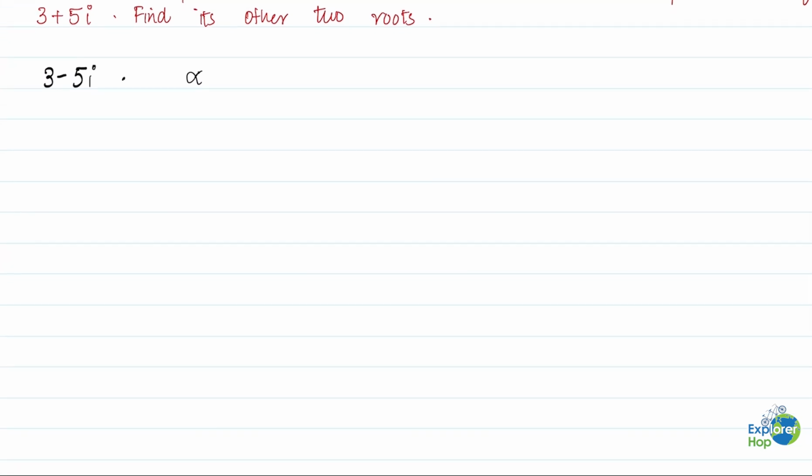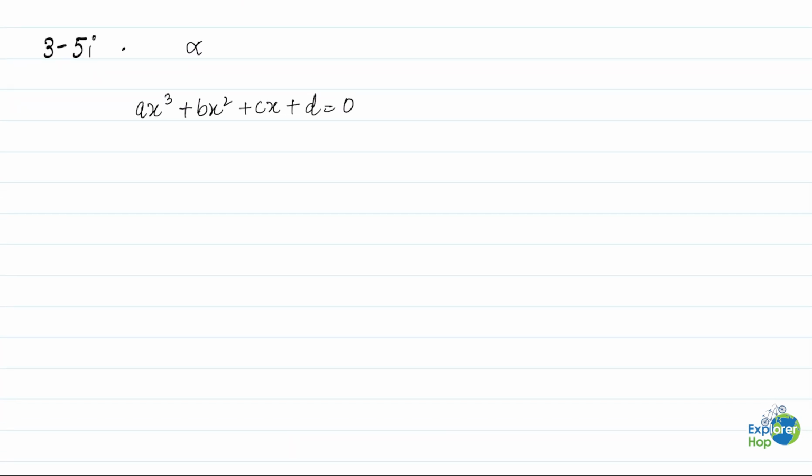Now we'll be using a property of cubic equations to find the third root. For any cubic equation of the form ax cubed plus bx squared plus cx plus d equals 0, the product of all three roots is always equal to minus d over a.